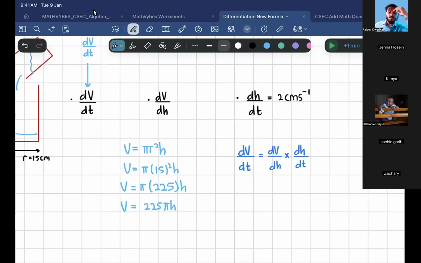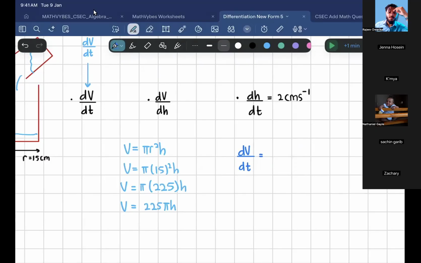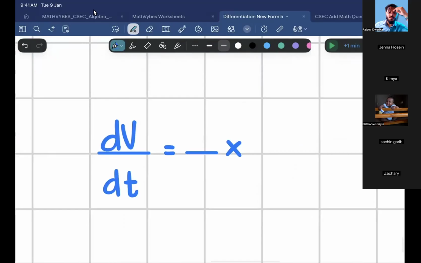All right, so Jenna, how did I figure out what rates to multiply to get dV/dt? Explain that to me. Well, we know we want something to cancel off. So obviously we'll start with dV and dt, because it's the most common one. Yeah, because you want to get dV/dt, right?